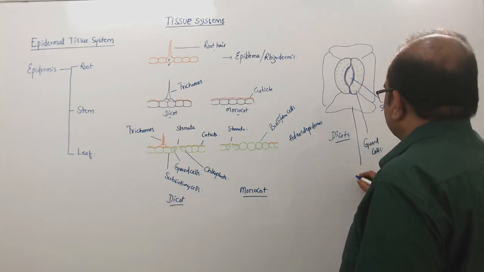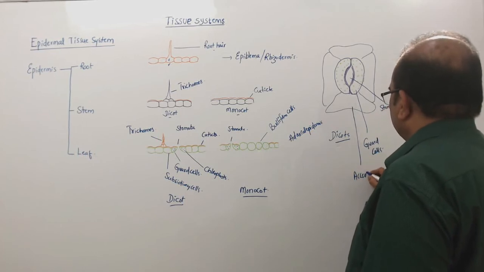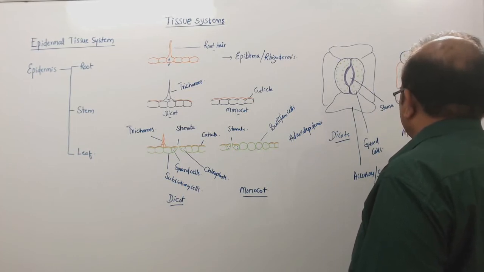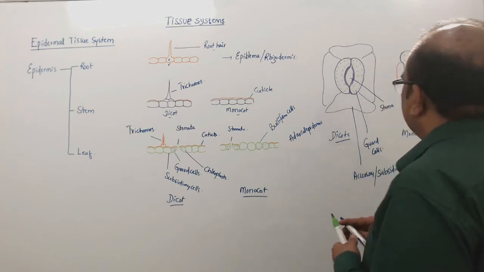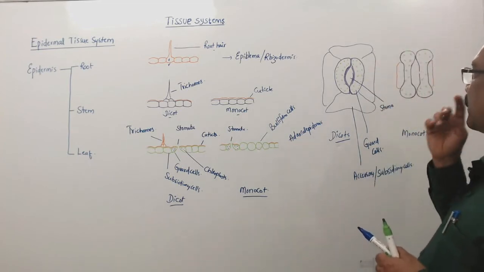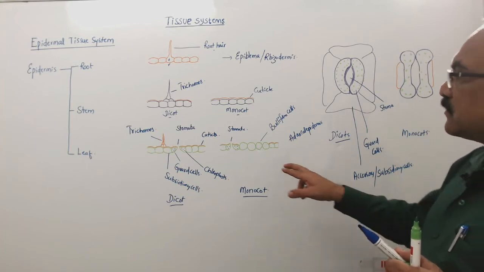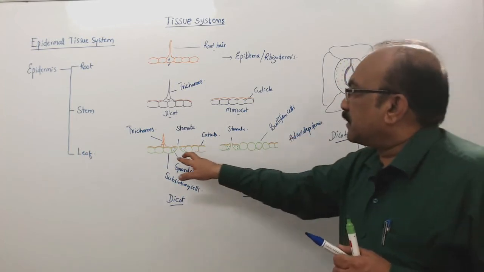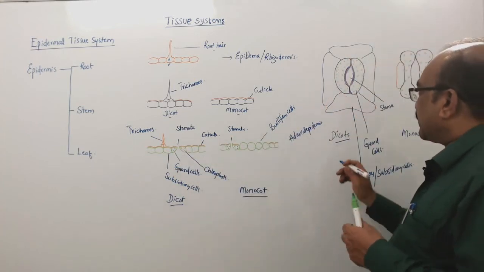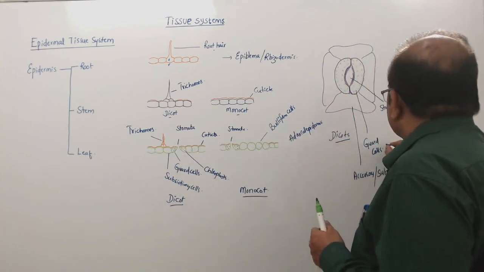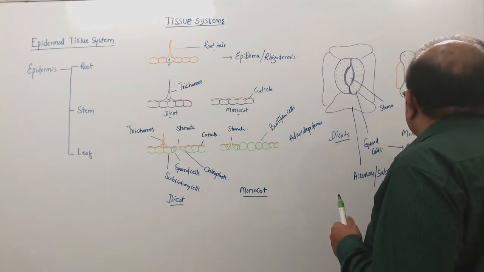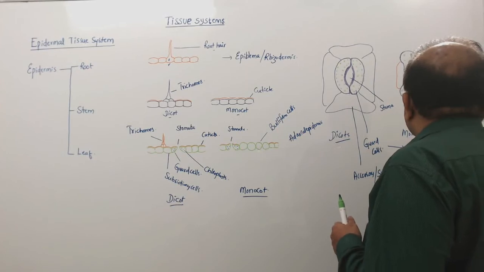And these are accessory cells or subsidiary cells. Actually these two are the epidermal cells, which are bean shaped or kidney shaped in dicots. So the guard cells are bean shaped or kidney shaped in dicots.